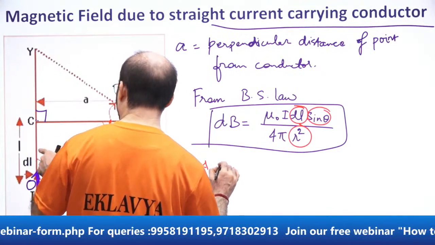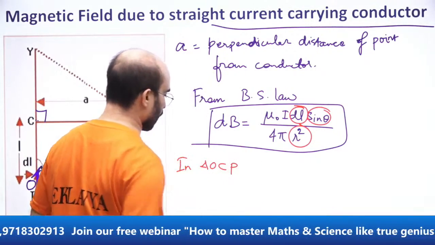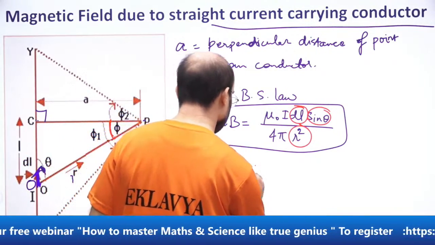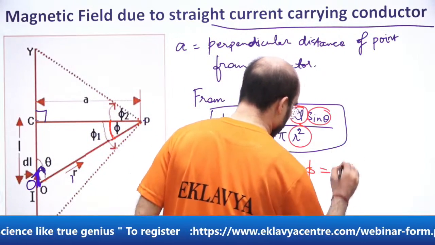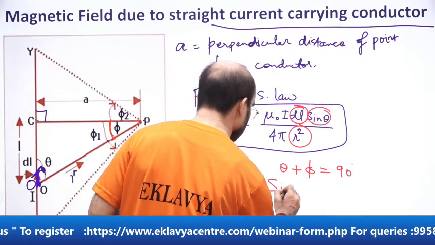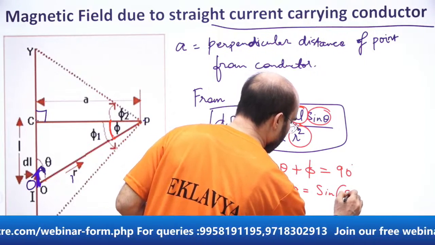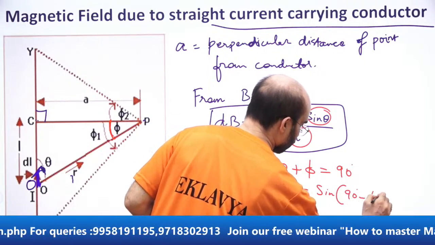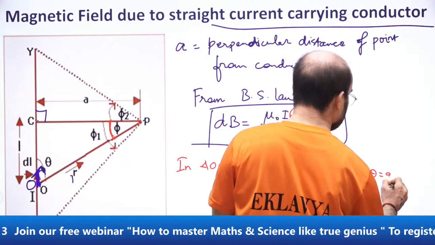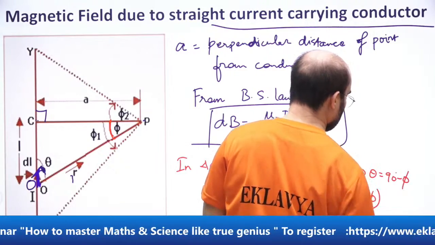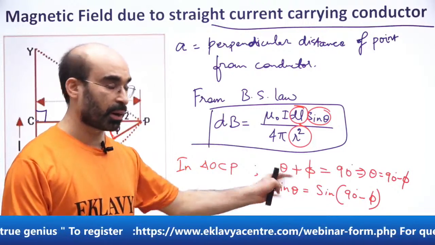In triangle OCP, theta plus phi equals 90 degrees. If theta plus phi is 90 degrees, then theta equals 90 minus phi.